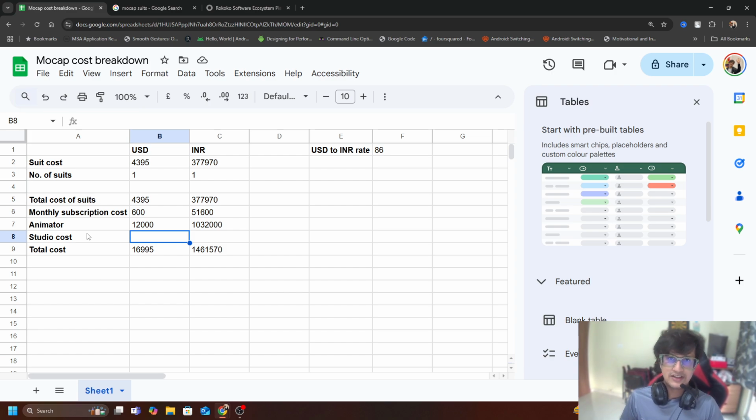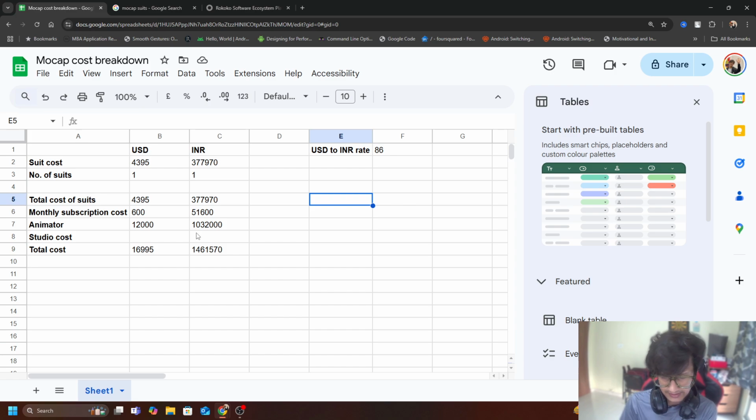Every studio has a per day rental cost. Let's assume you are hiring a studio that has maybe a rental cost of, I don't know, maybe $300 a day. Okay, and I'm assuming this is bare minimum right now. So $300 a day, and I'm just going to move this over here.